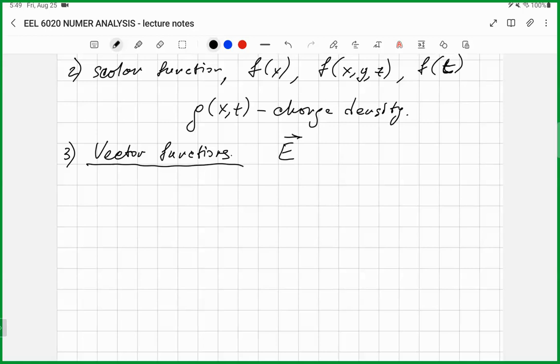We denote a vector by a small arrow on top. In the case of electric fields, it can change with the coordinates, and also it can change in time. So it can be a function like this. So this is electric field.